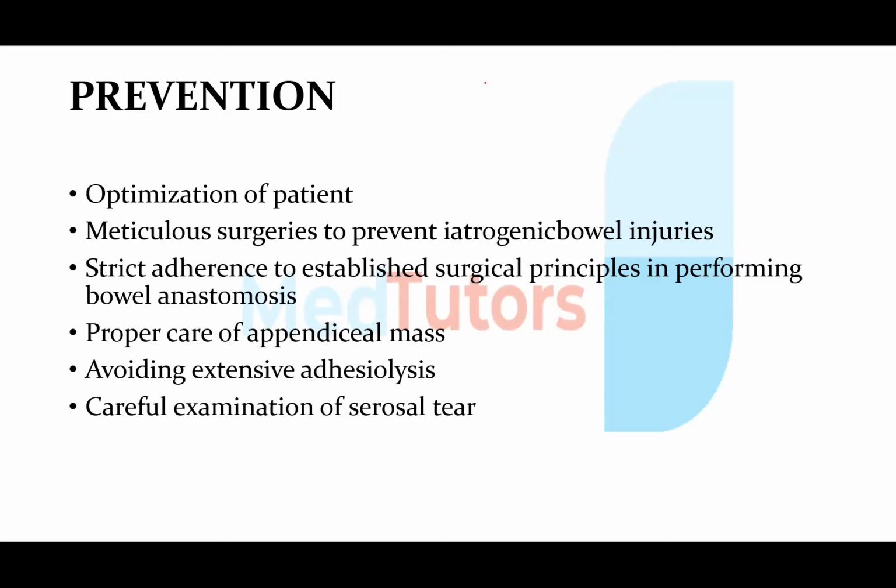Don't go and operate an anemic patient because you are a super surgeon. You don't want to optimize your patient. You just want to rush the patient to the theater. You come up with complications. Because if the bowel is not well perfused, you do anastomosis, there will be ischemia at your site of anastomosis. When there's ischemia, there's going to be necrosis, and there will be leakage of your anastomosis. So patients should be well optimized before operating.